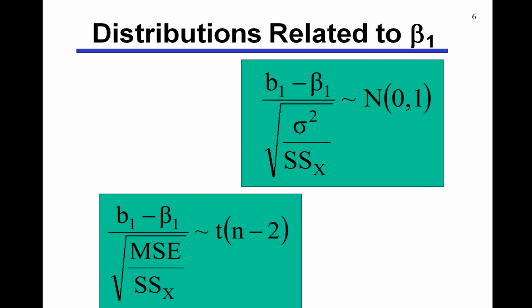If we assume that the random error terms are normally distributed, then the quantity B1 minus beta 1, which is its mean, divided by its standard deviation, has a standard normal distribution.